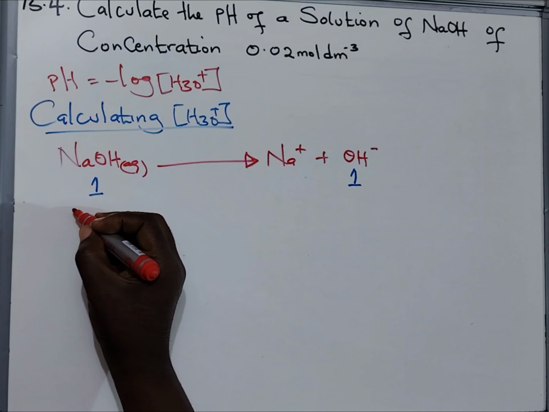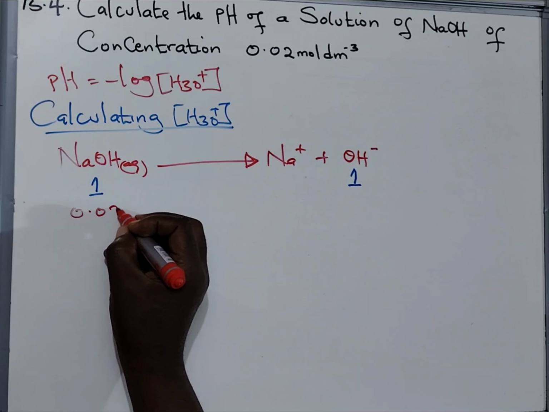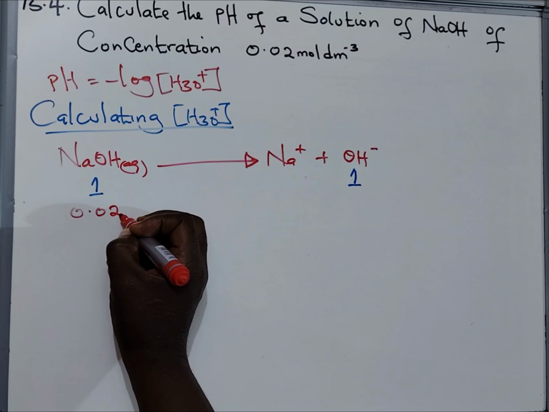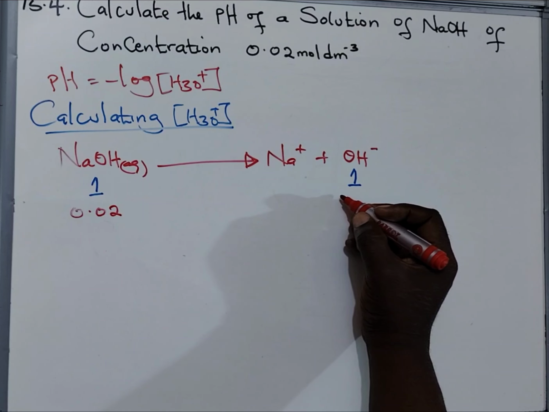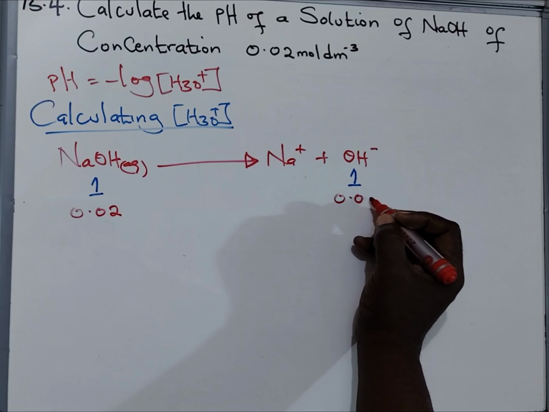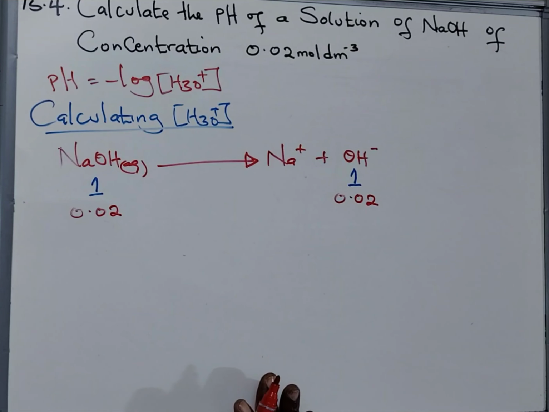If this was 0.02 moles per cubic decimeter, what is this one going to be at the end of the dissociation? It's going to be 0.02. So now we know the concentration of hydroxide ions.